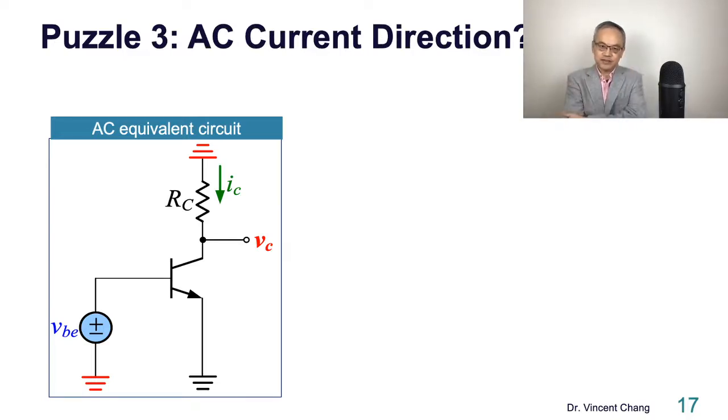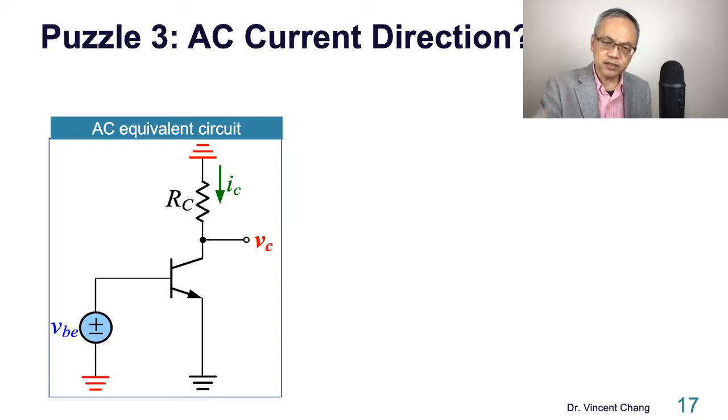Puzzle number 3. Why does the AC current go down? What's the right direction when it comes to the AC current? You're going to do a lot of AC current analysis in the future, so when you draw any AC current, make sure you know this. Why does the current go down?